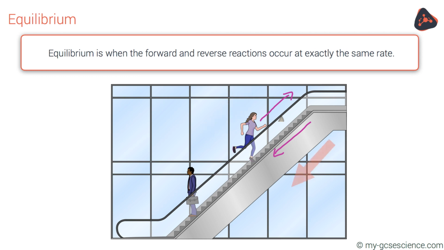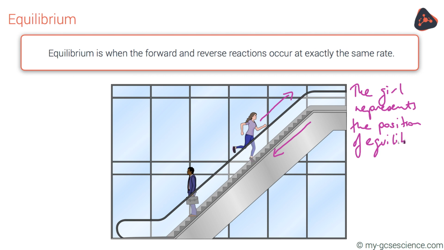But if the escalator is moving down faster than she's moving up, then she'll end up back where she started. However, if she can run at the same speed that the escalator is coming down, then her position on the escalator will stay the same. In this case, this would represent a position of equilibrium, a point at which the forward and reverse reactions are occurring at exactly the same rate.